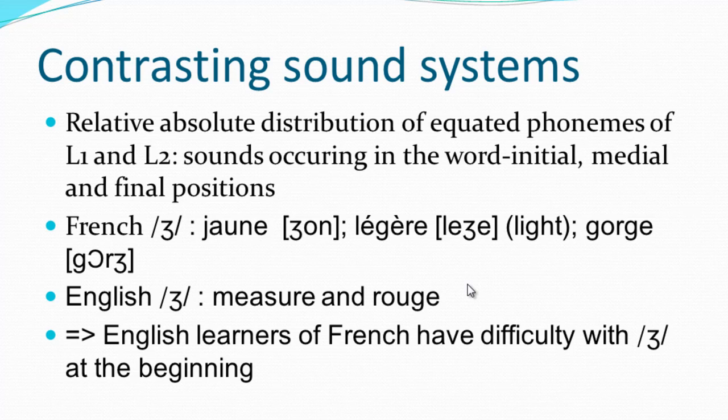So they can say j, Joe, for example, instead of zone, because of the difference in the distribution of the sound.